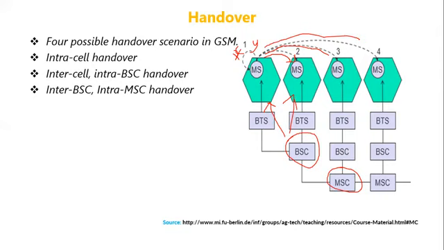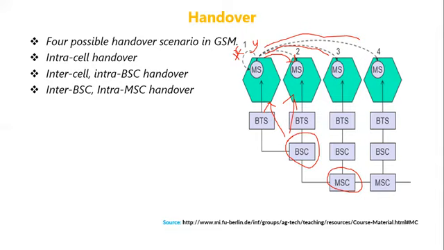Fine. The next thing we will be discussing is that for providing all necessary information for a handover, MS and BTS both perform periodic measurements of the downlink and uplink quality.